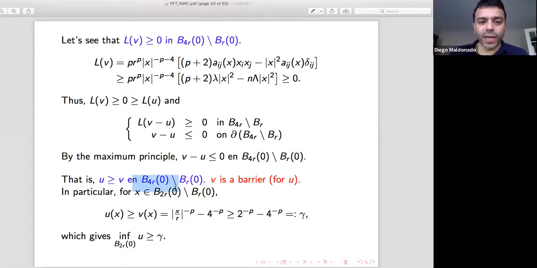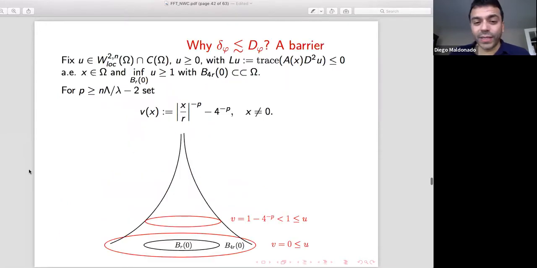In particular, that's what we call the barrier, right? So this is saying that if the U is above 1 here, it's above this side, and then it's always above the V, right? It cannot go down, cannot get past the V, hence the barrier, right?